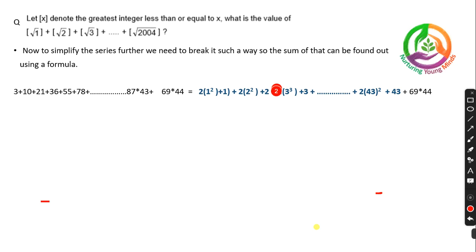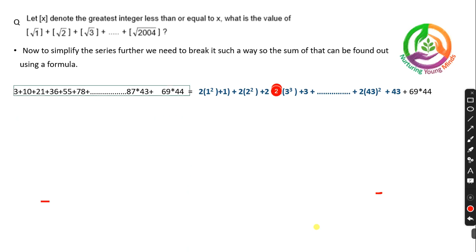Like that we can continue, right, till 43 into 87, okay, which can be written as 2 into 43 square plus 43, plus 69 into 44. So we have broken that series into a sum of 2 numbers. Each number is converted into a sum of 2 numbers.